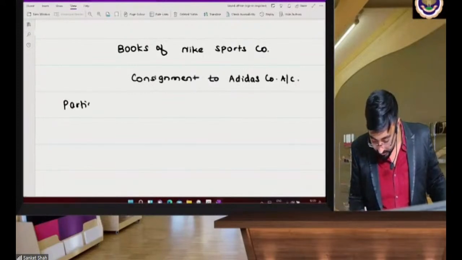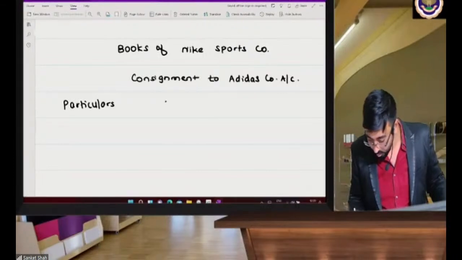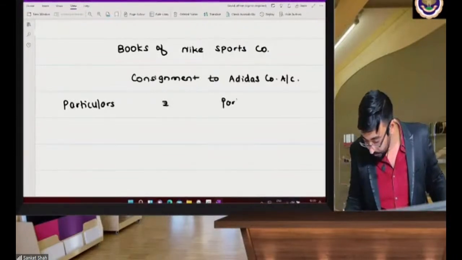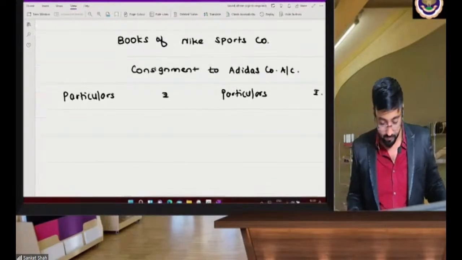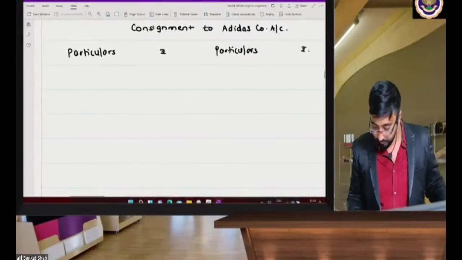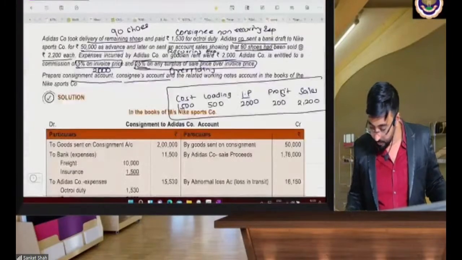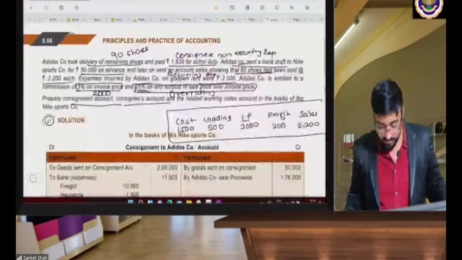Particulars, rupees, particulars, rupees. Page number 6.66.